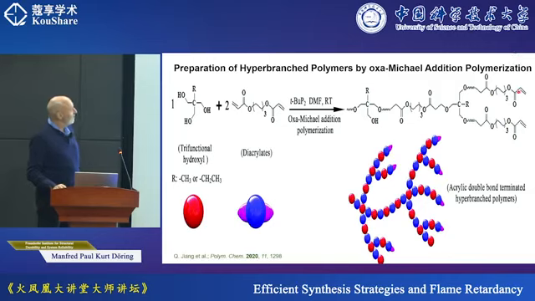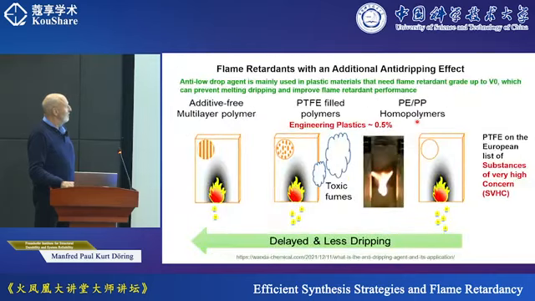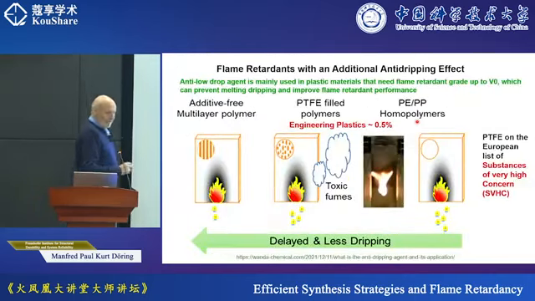And of course, you can synthesize this again and then do some phosphorylation, again with a phospha-Michael reaction, on those acrylates, and then you have a very nice hyperbranched phosphorus compound for applications, for example, in epoxy resins. Next problem.